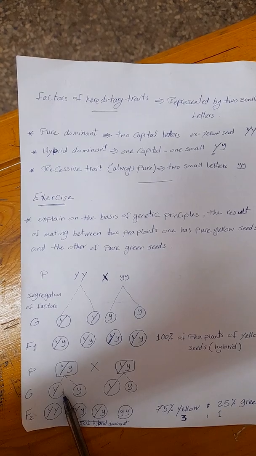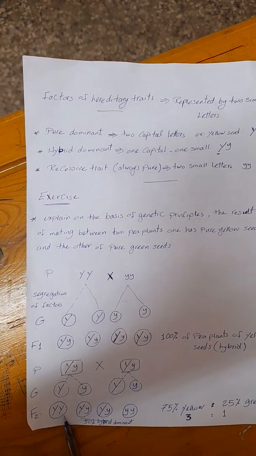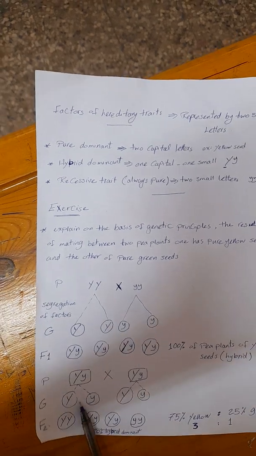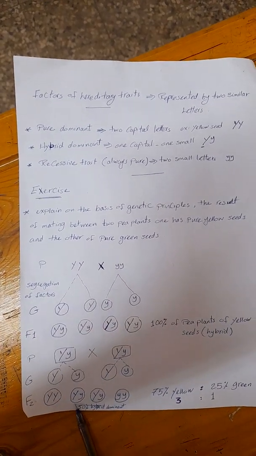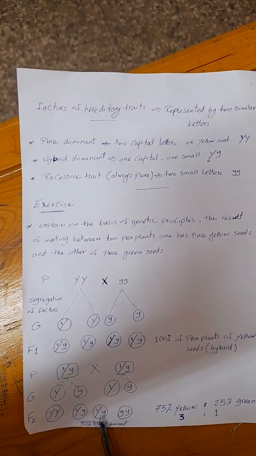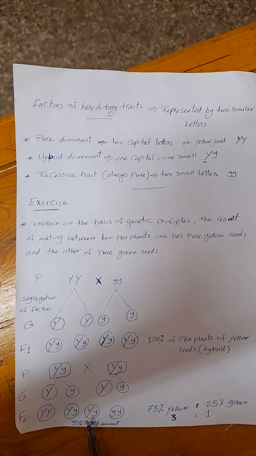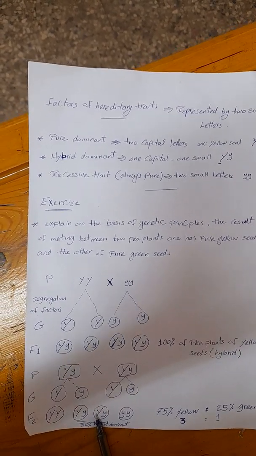Capital Y with capital Y gives capital Y, capital Y. Then capital Y with small y produces capital Y, small y. Small y with capital Y produces capital Y, small y, because as we said, the capital letter is always written on the left.